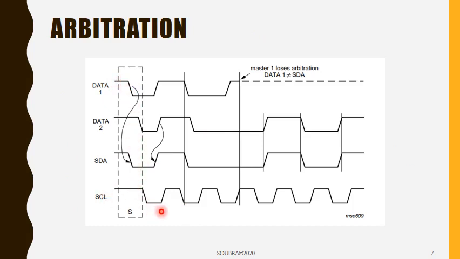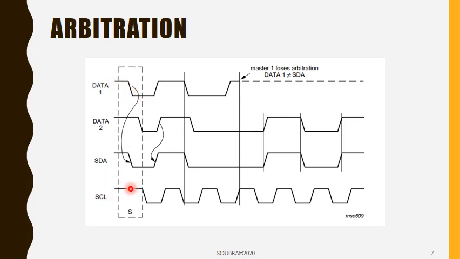First, let's guess how many masters are represented in that schematic. Basically we're seeing two things here, so most probably it's two masters. Fair enough? And we're seeing the I2C bus here, the SDA line and the SCL line. And we've seen that the SCL line is synchronized using the mechanism that we talked about earlier, the synchronization mechanism. Here we can see a start condition for the first master.